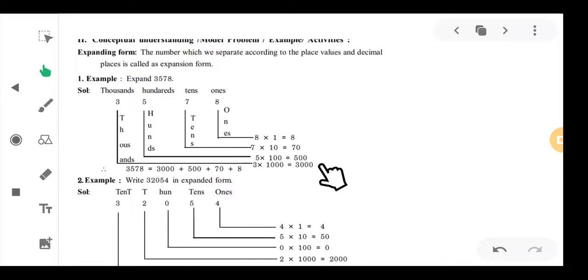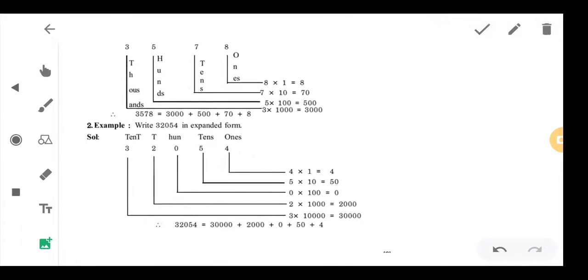So these are the place values. Now we will add these like this: 3000 plus 500 plus 70 plus 8. This is called expand form.